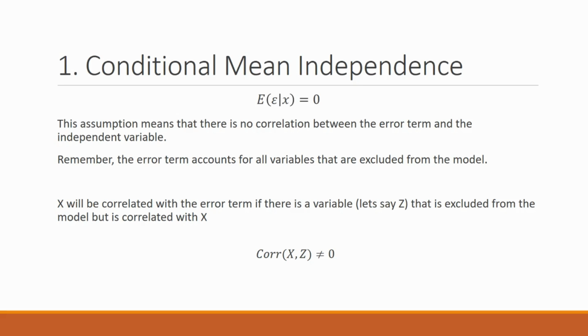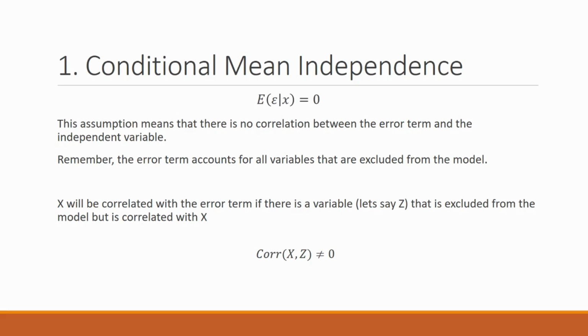Our independent variable x will be correlated with the error term if there is some other variable, let's call this other variable z, that is excluded from the model but is correlated with x. Does that make sense? The error term accounts for all variables that are excluded from the model.